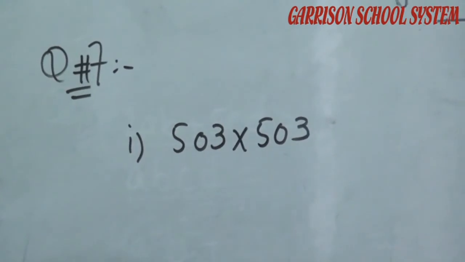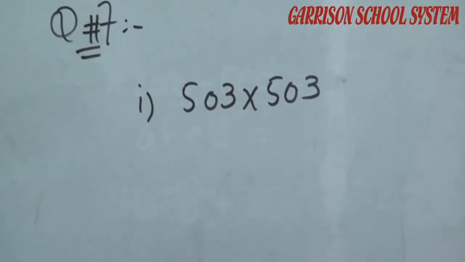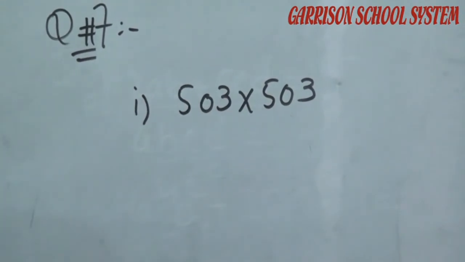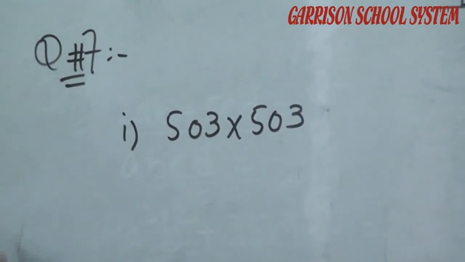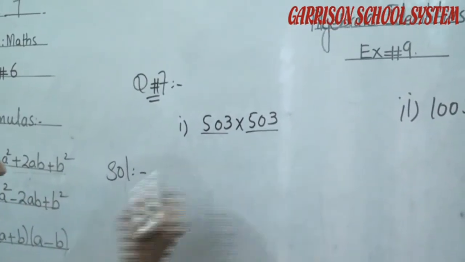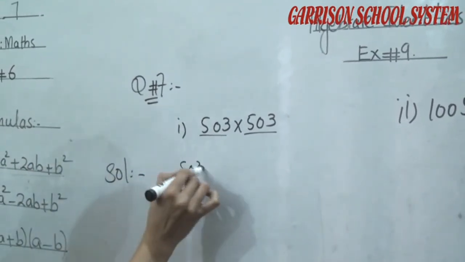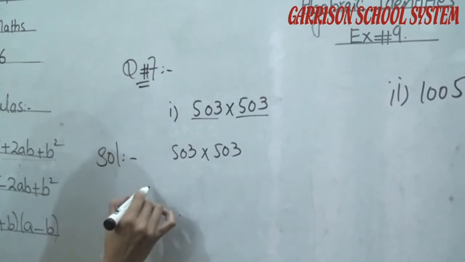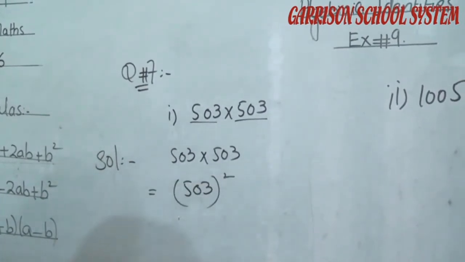Because we are solving this exercise according to algebra and according to formulas, so we will also solve it by using the formula. How we will solve it? First of all, when a number is multiplied by itself, it will become the square. 503 multiplied by 503, it will become 503 whole square.